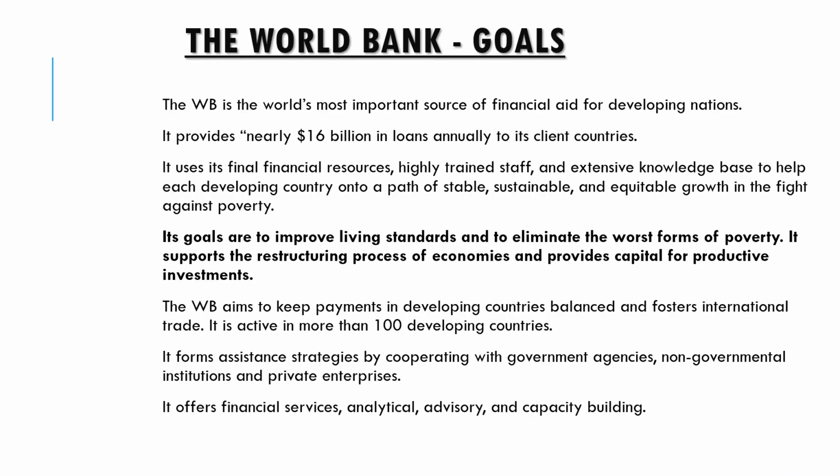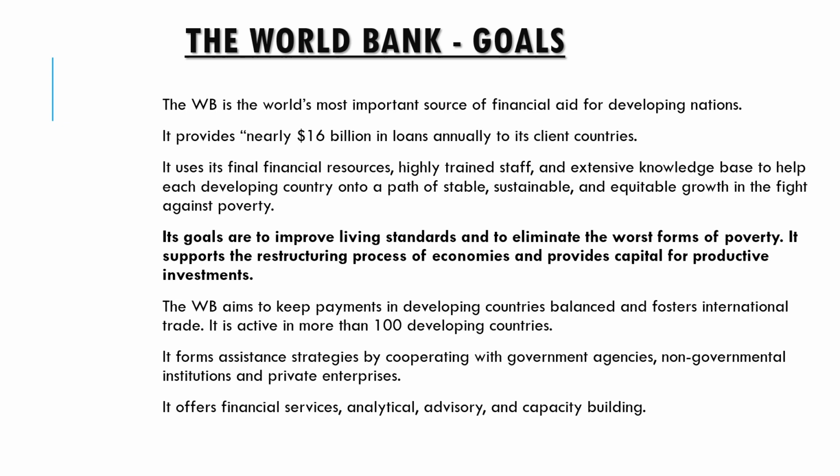So another structure of the Bretton Woods system is the World Bank. The World Bank is the world's most important source of financial aid for developing countries. It provides around 16 billion in loans annually to its client countries.